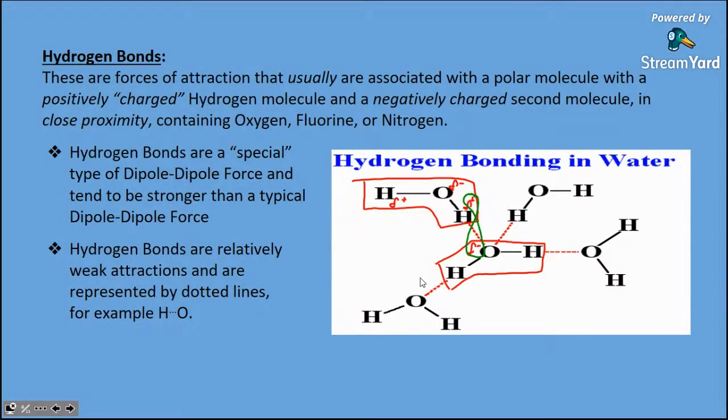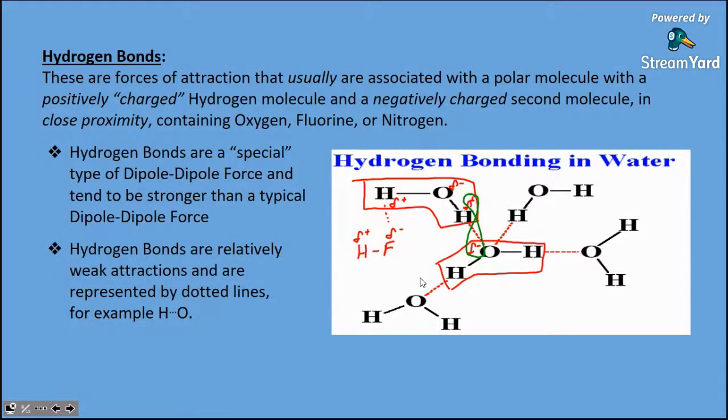Okay? I could just as easily throw, say, hydrogen fluoride in here. Okay, hydrogen fluoride, that fluorine, the electronegativity difference would give it a negative. And even on this, what I would see is a hydrogen bond between the hydrogen of one of those water molecules and the fluorine of that hydrofluoric acid.